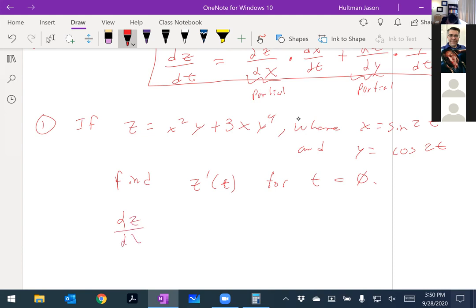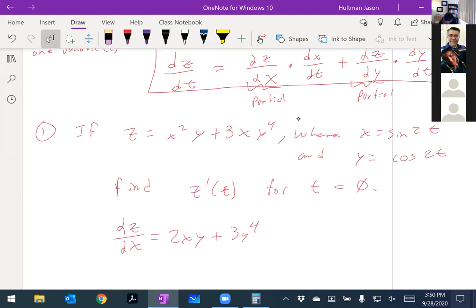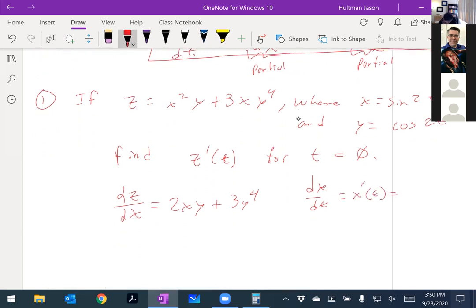The partial of z with respect to x is going to be 2xy plus 3y to the 4th. And then let's do dx/dt as well. What's dx/dt? That's x prime of t. And what is that derivative? Well, that's just 2 cosine 2t, right?